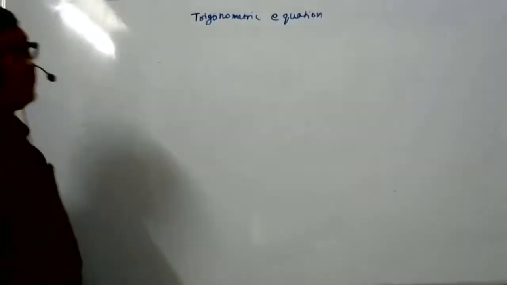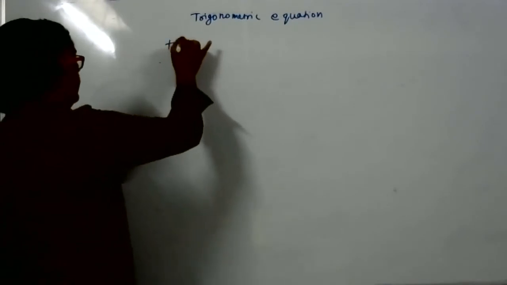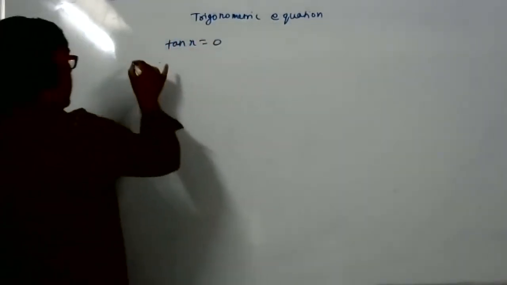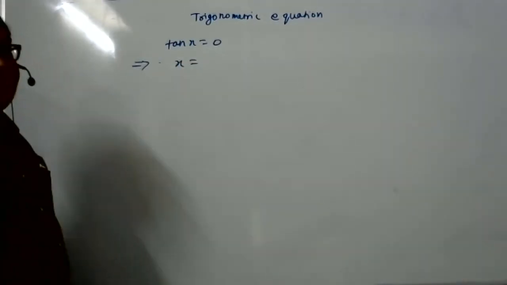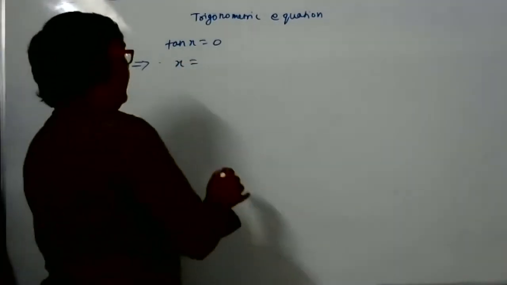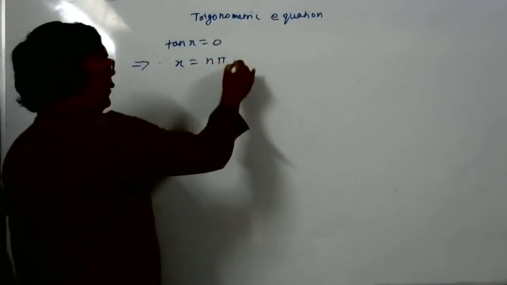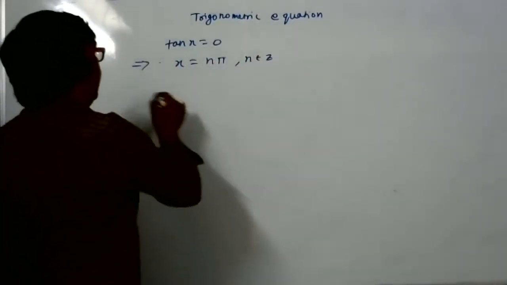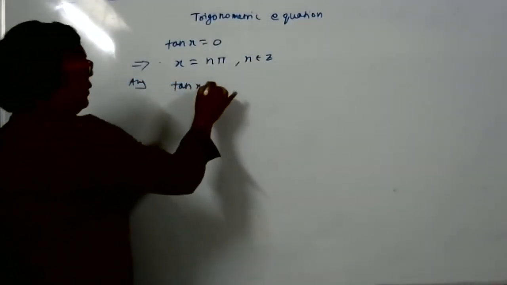Suppose somebody asks you tan x is 0, then x is how much? Tell me. All multiples of pi. Tan x is 0 means x is equal to n pi only, n belongs to integers. Why? Because what is tan x is 0? All of you see on the board.